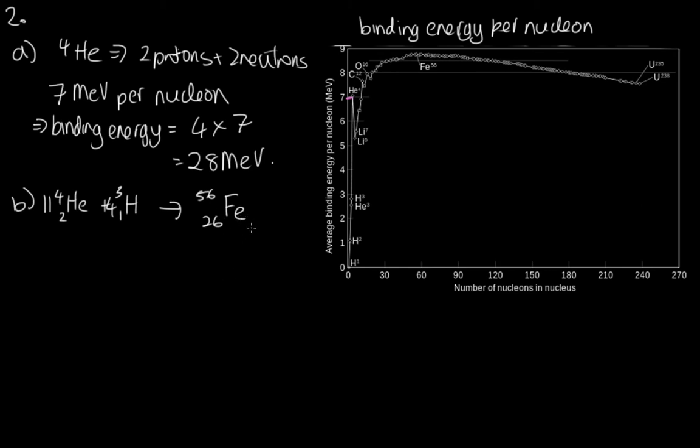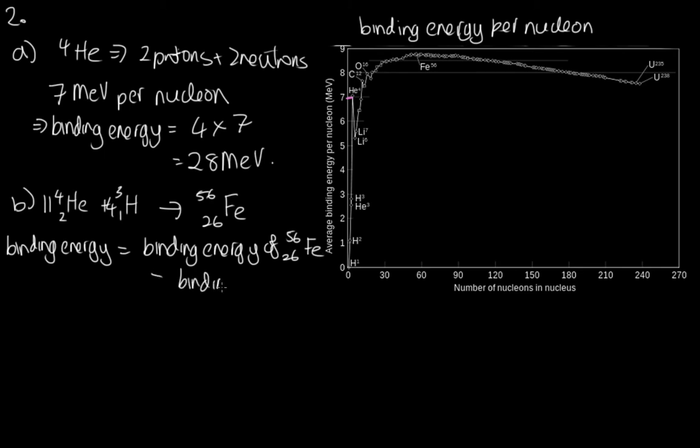And so to find the binding energy released, what we have to do is take the binding energy of iron-56 minus the binding energy of the 11 helium-4 plus the 4 hydrogen-3.